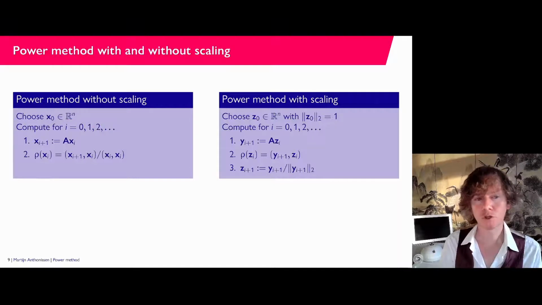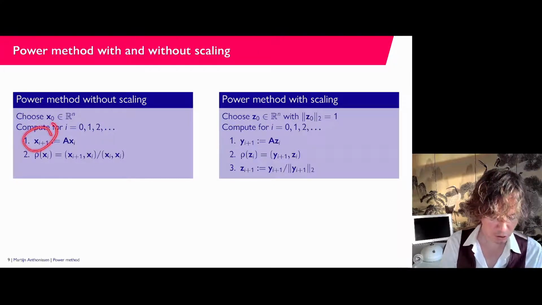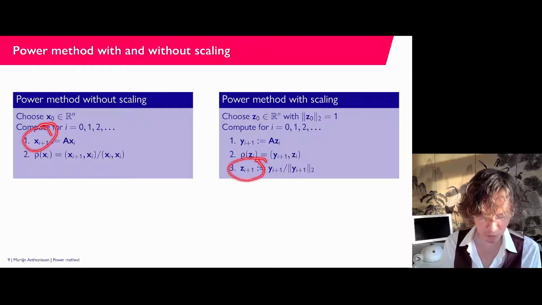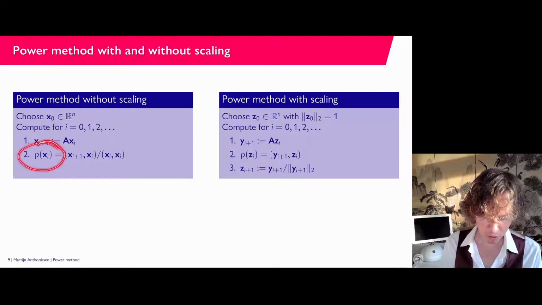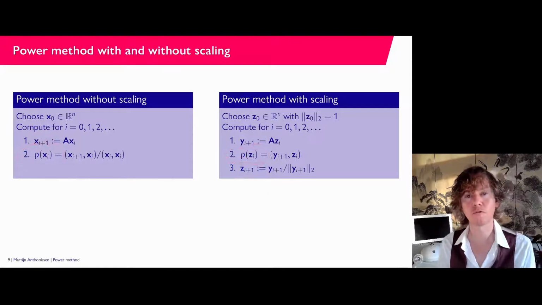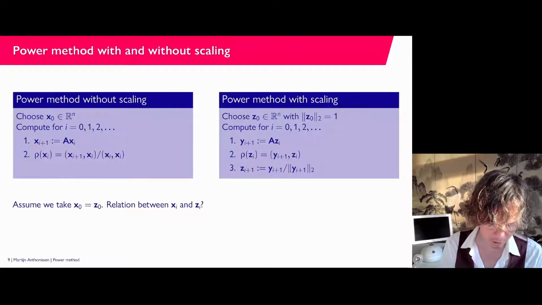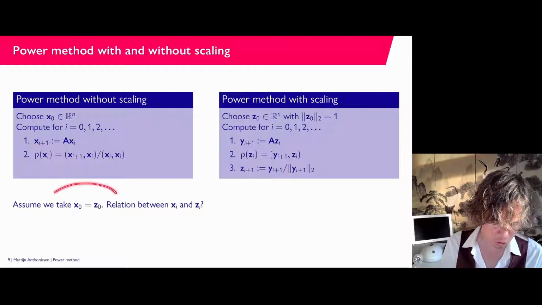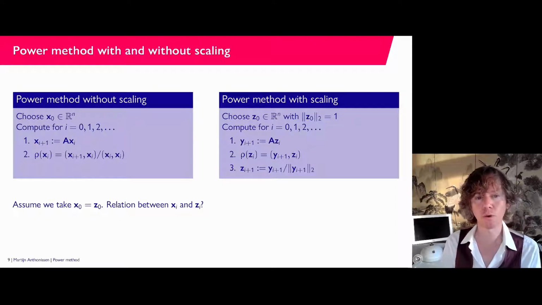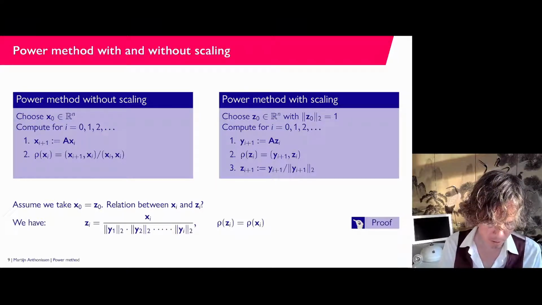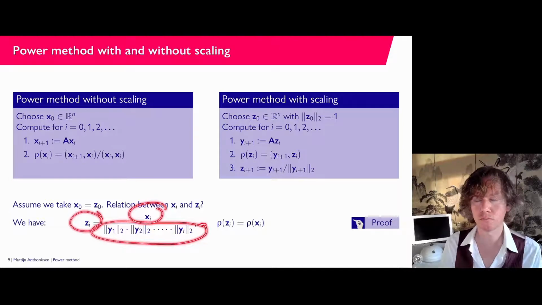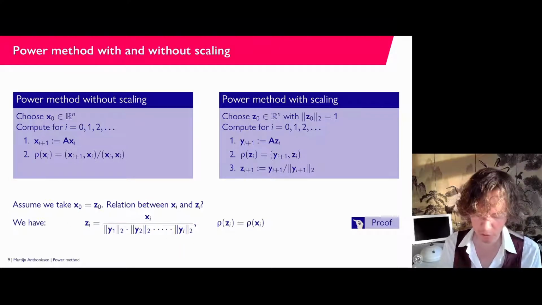And you could wonder, is there a relation between those x's that I compute here and those z's that I compute here, and between the rho's computed from the x_i and the rho's computed from the z_i? Of course, there is a relation, and the relation is like this. If you start with the same starting vectors, so for x0 we also start with a vector of length 1, then the relation is that z_i is x_i divided by these numbers here, basically to give it length 1 in every iteration step.